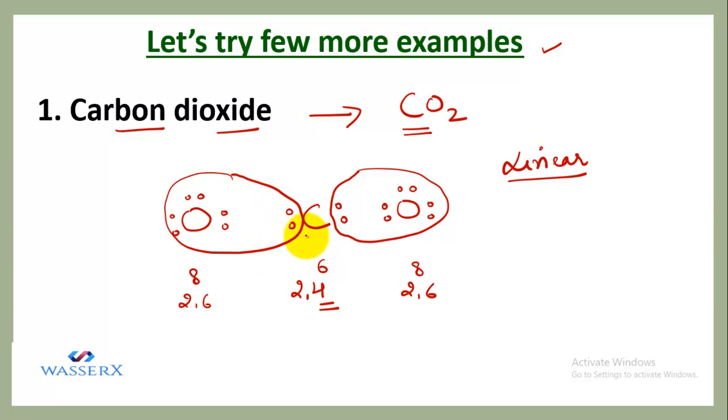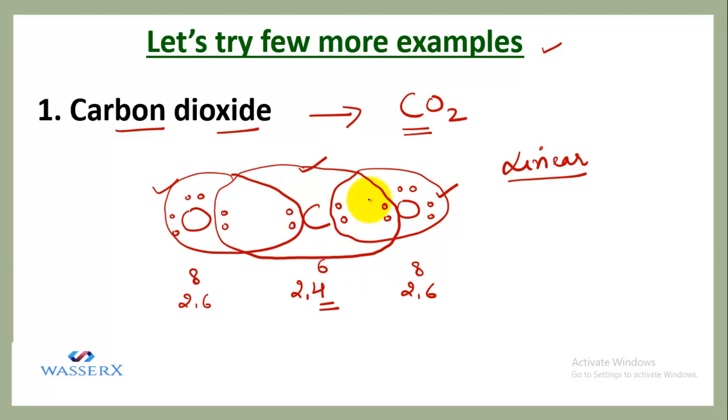Now this carbon already possesses 4 electrons and it will share 2 electrons from each oxygen atom which is participating in this molecule formation. Now you can see that both the oxygen atoms have attained the octet, and even the carbon has attained the 8 electrons, that is the octet. That means this molecule is stable now.